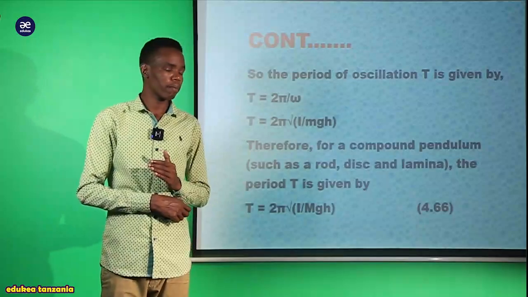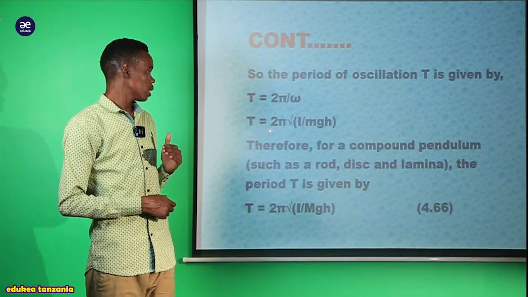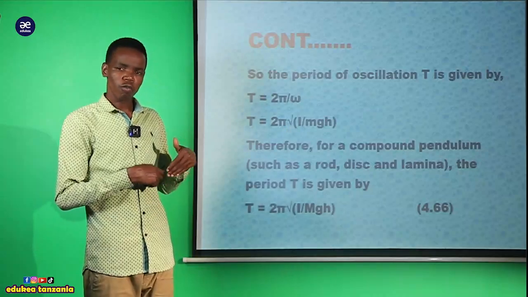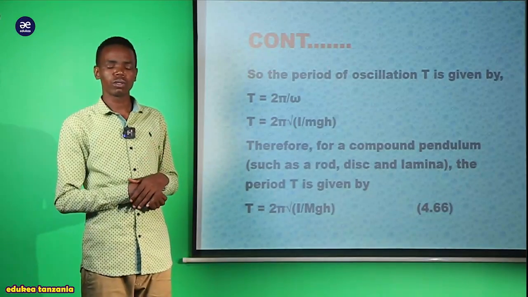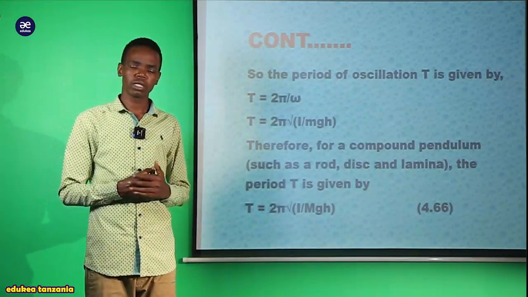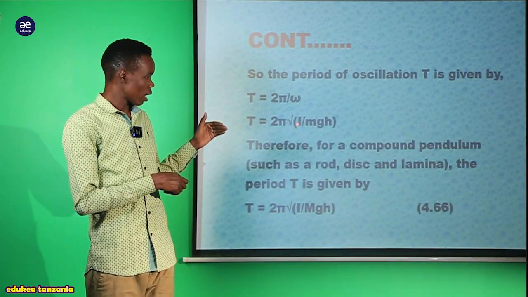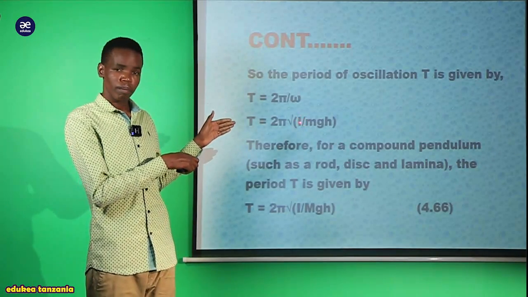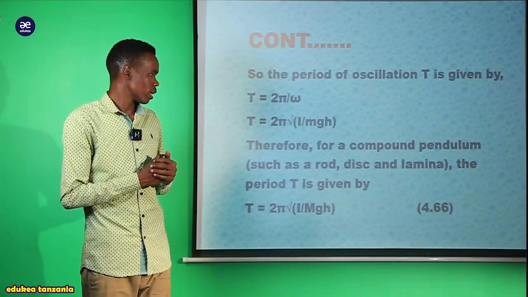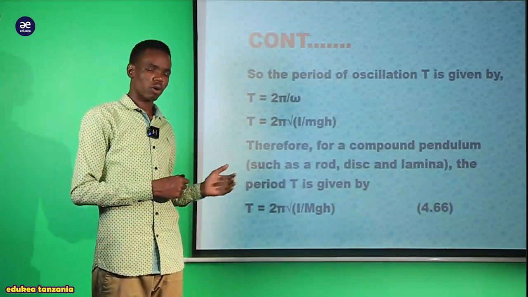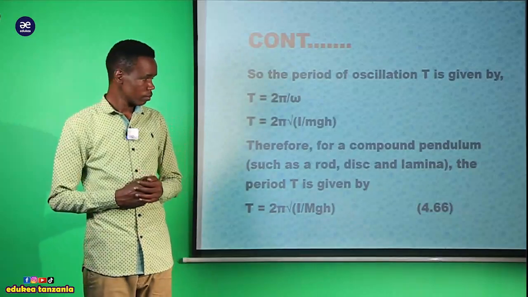Now we could say that the period of oscillation is equal to 2 pi times the radical of the moment of inertia divided by mgh, as we try to observe here.